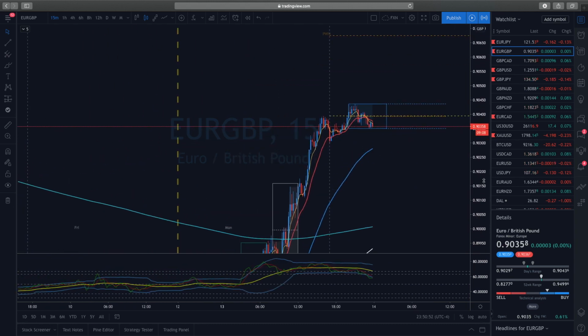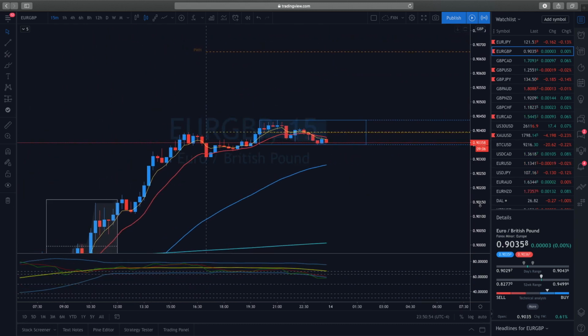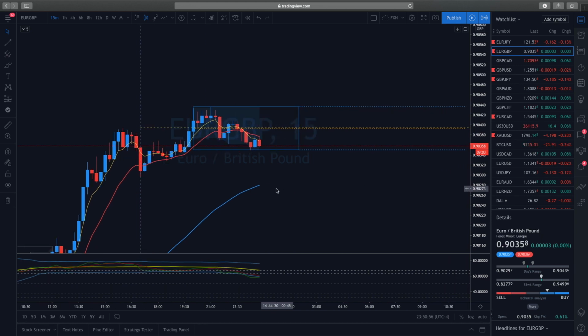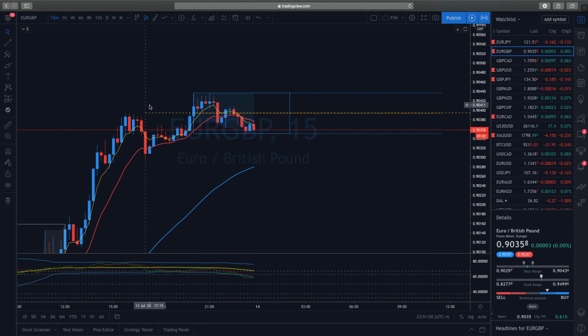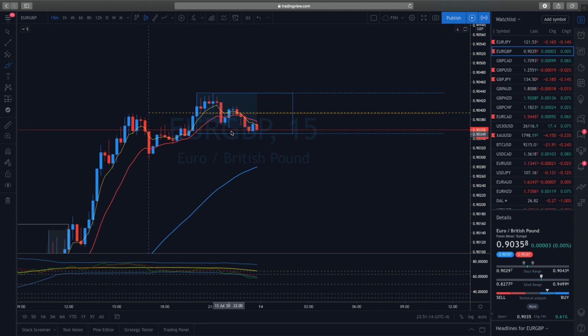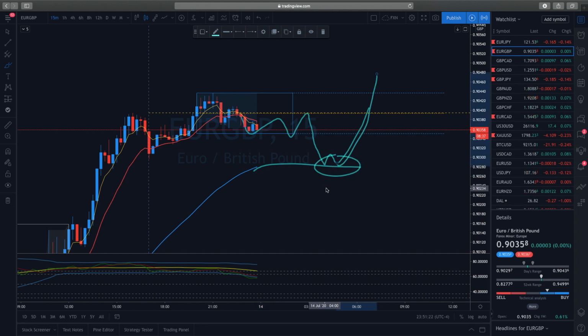As we get into the Asian session, if this is going to be a trending cycle, I'm looking for essentially a type 1 setup that bounces off of the 50 here. I'm looking for a type 1 setup here, to bounce off of the 50 and go higher. That would be the setup that I'd be looking for.